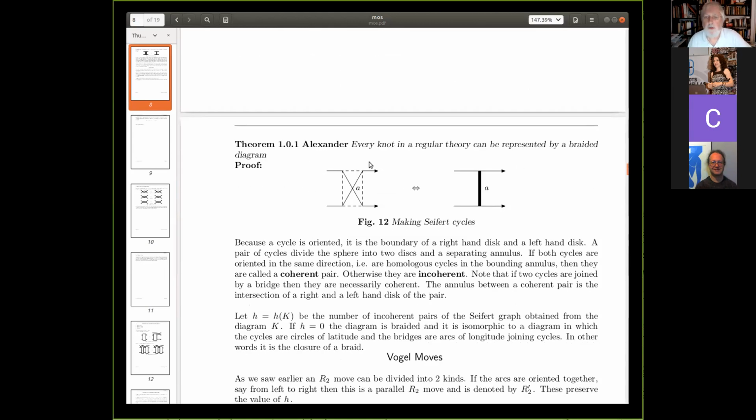Right. But his method can be generalized easily to any regular theory. So I owe a debt to him. That's why they're called Vogel moves. I don't know, is it Vogel? I think it's Vogel. Okay, I will from now on call it Vogel moves.